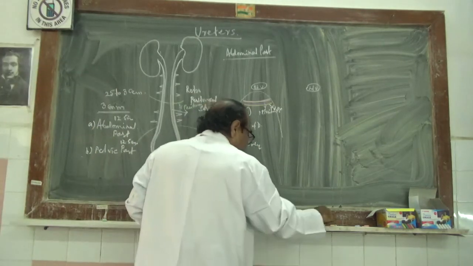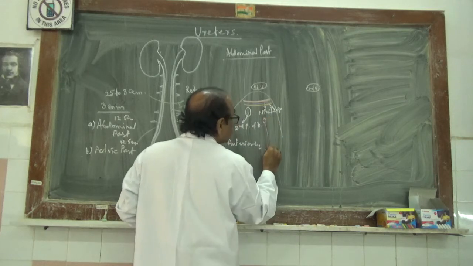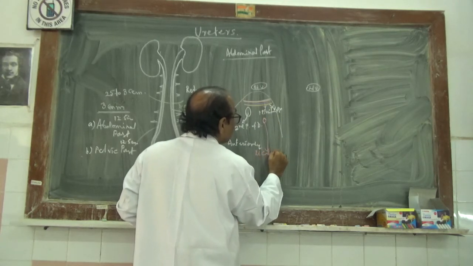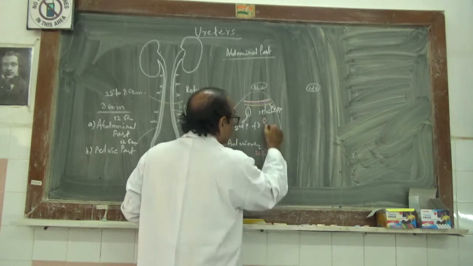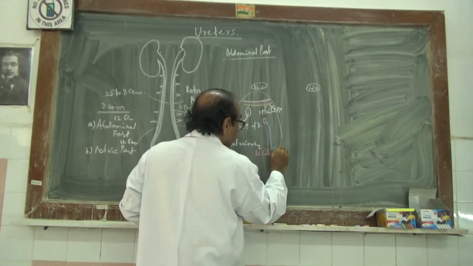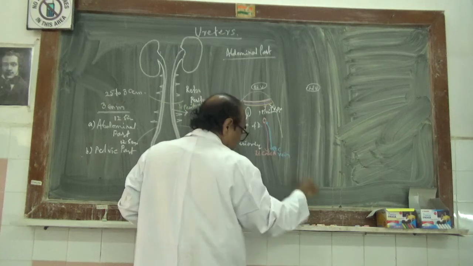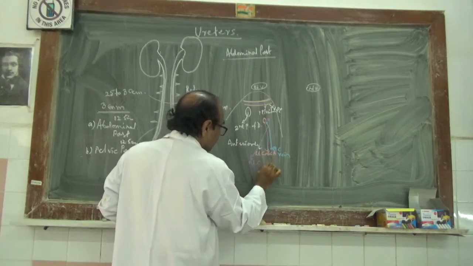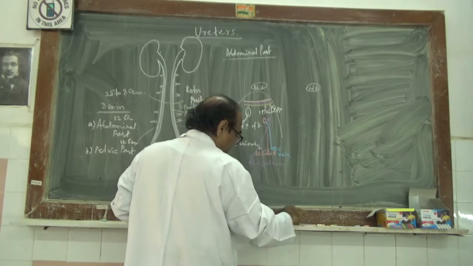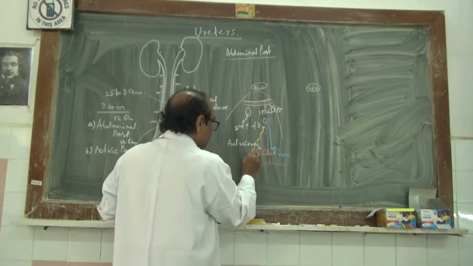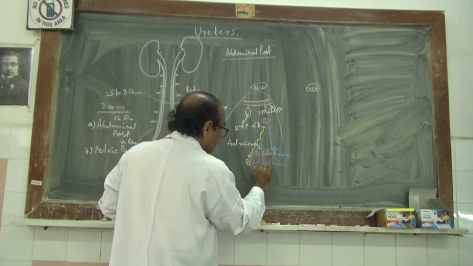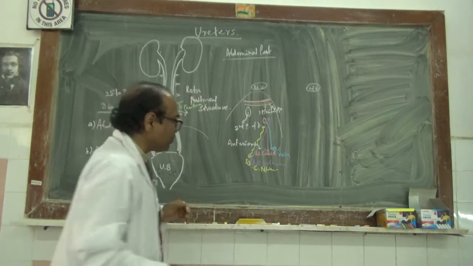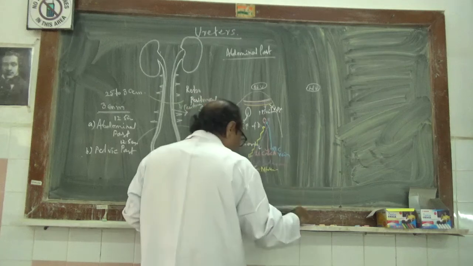Then you will be having right colic artery, right colic vein, right colic group of lymph vessels, and right colic nerve filaments.